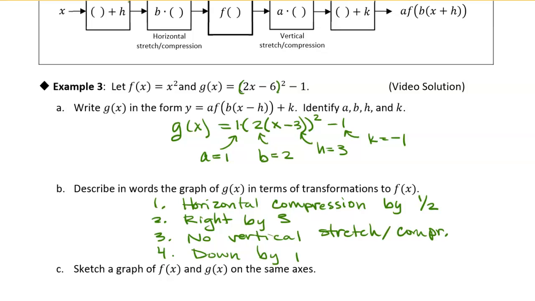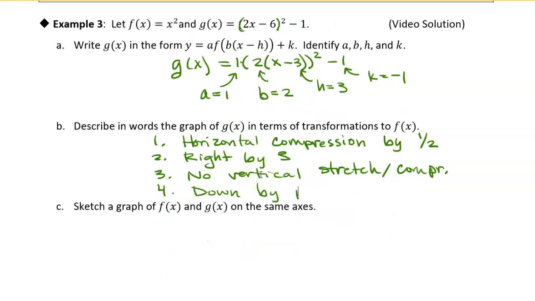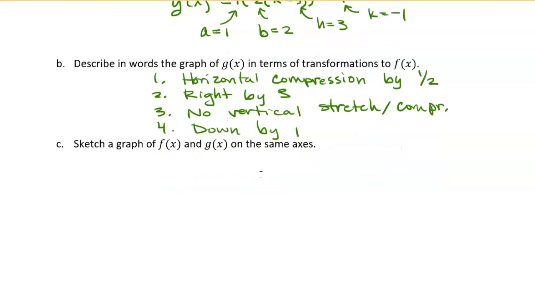All right, so now we've described our transformations, and now we're going to sketch a graph of this thing. f of x was x squared. Let me make some room here. I'm going to draw an axis across here, that's our x-axis, and then we need a y-axis. Now this is just a sketch, so I'm just going to show x squared.